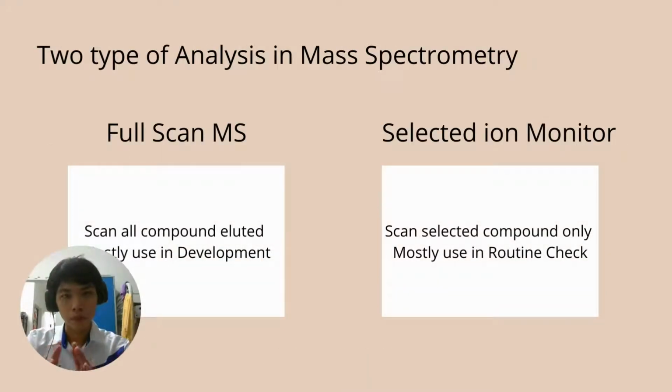So in milk, we have two types of analysis in mass spectrometry. One of them is full scan mass spectrometry, where we analyze all the compounds in the sample. This method is not performed in routine checks because it takes a long time and a very long procedure, as it has a wide range of detection for each compound in the milk sample.